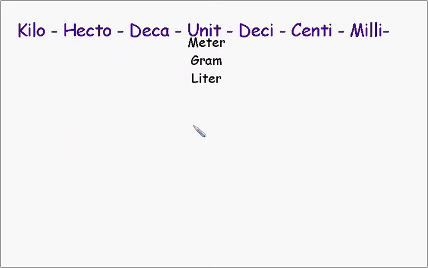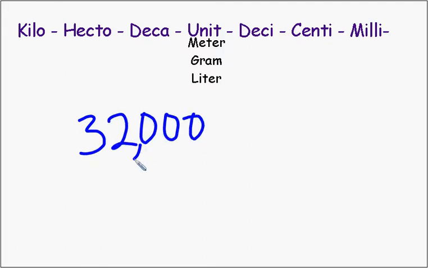So let's say I have 32,000 centimeters. A centimeter is 1/100th of a meter. cm is the abbreviation for centimeter, and let's convert that to meters. How many meters is that? It works the opposite way: I decrease by powers of 10 moving to the left. For every position I move to the left, I decrease it by a power of 10.